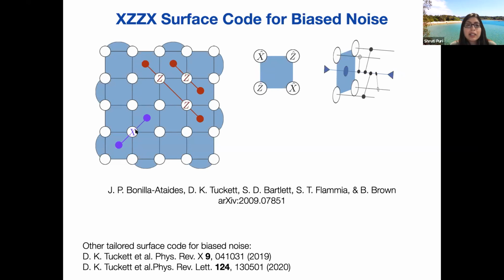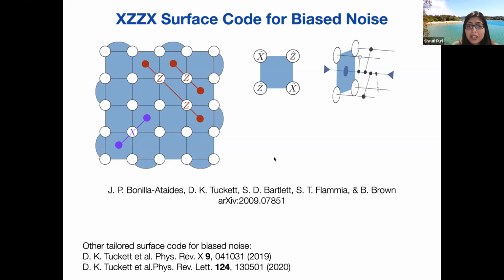So basically, the XZZX surface code looks like disjoint repetition codes. For the Z error, which is in our case the most dominant error, it's a disjoint repetition code. If you just had the X error, then it's the disjoint repetition code along the other diagonal.